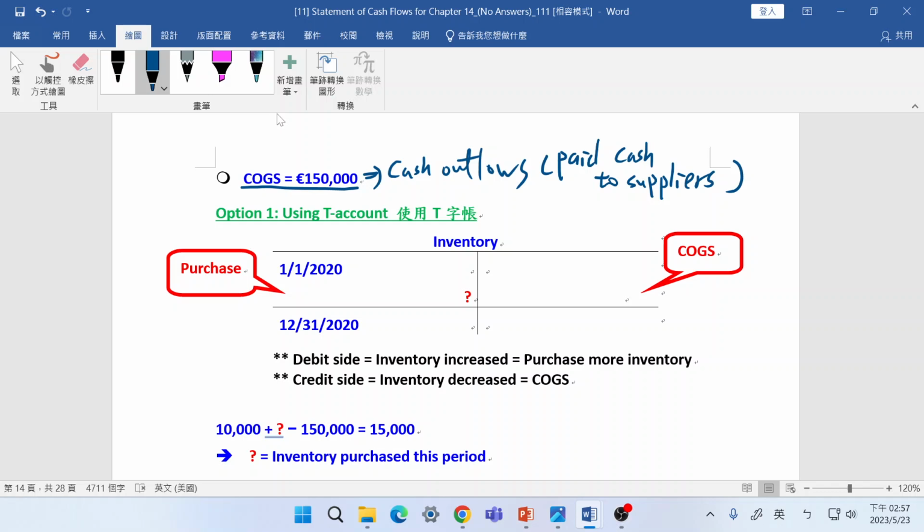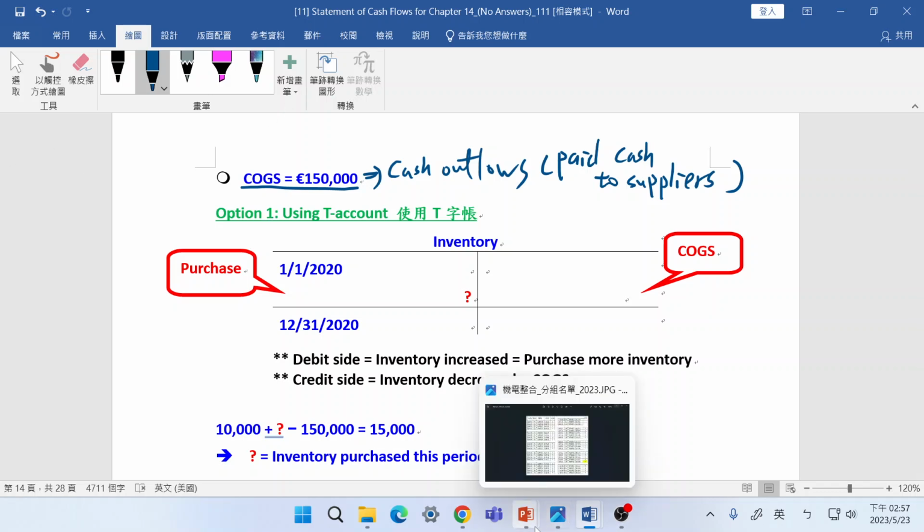Okay? So cost of goods sold, we need inventory and accounts payable. Okay? So remember cost of goods sold and inventory.